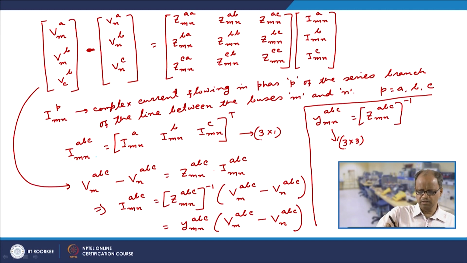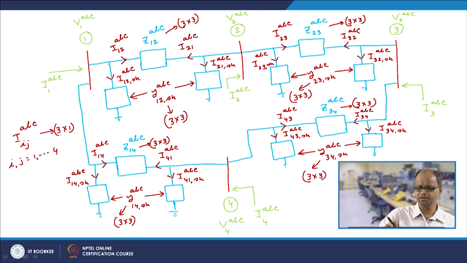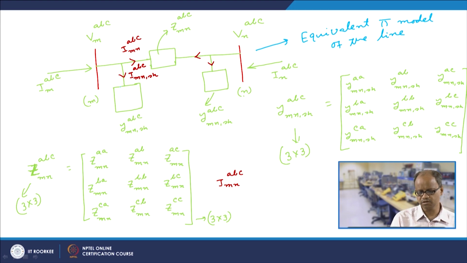Now, if we look at this, obviously the current here, because it is a shunt current, would be this voltage multiplied by this admittance, but because this is a 3 phase voltage, this is a 3 cross 1, there is a 3 cross 3.